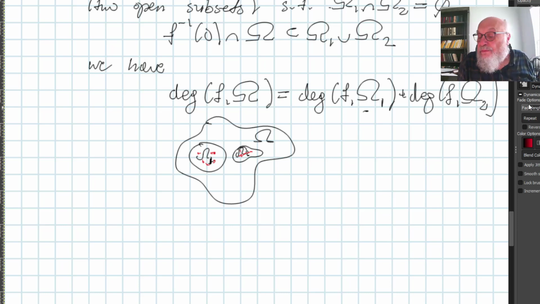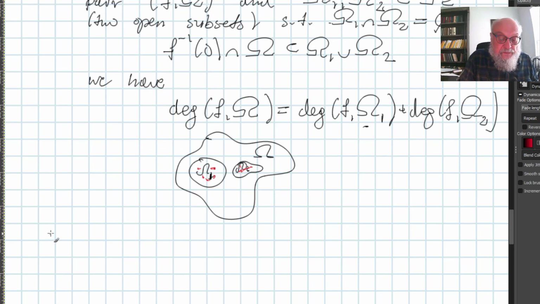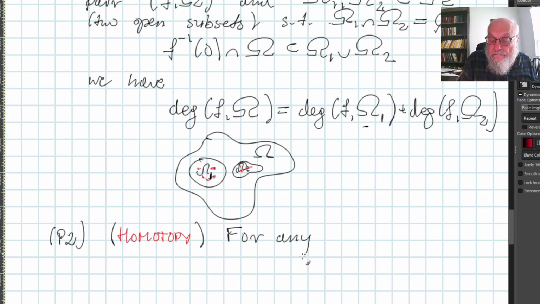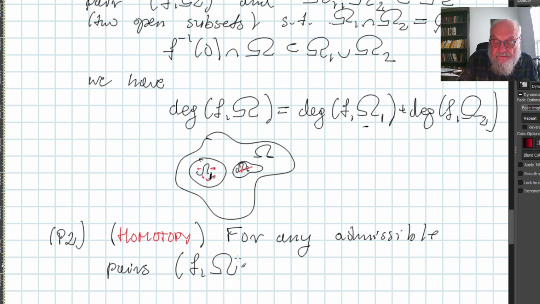The second property is P2, which will be called the homotopy property. For any admissible pairs, this will be F omega.